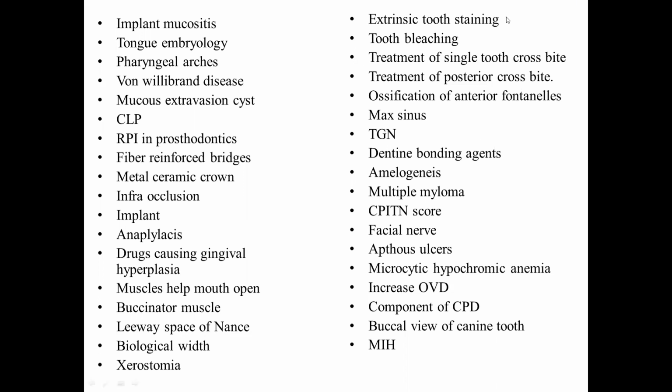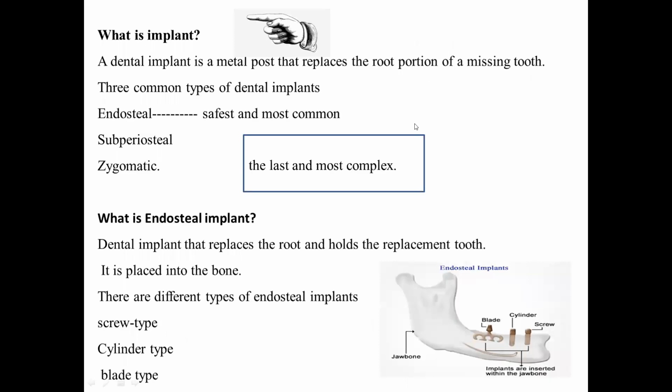So let's begin with what is implant mucositis. Before that, I shall give you an idea about what a dental implant is. These are prostheses. If given in dentistry, these are called dental implants. If given in other parts of the body, they are given different names.